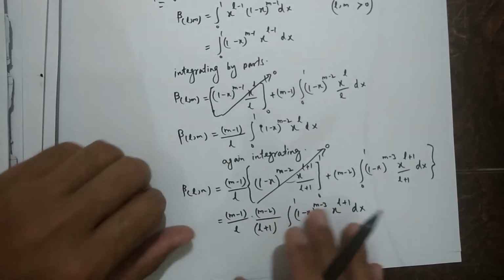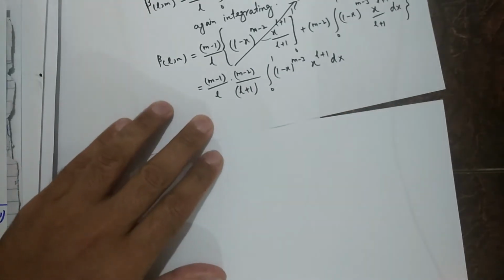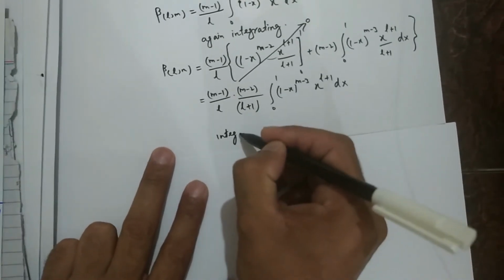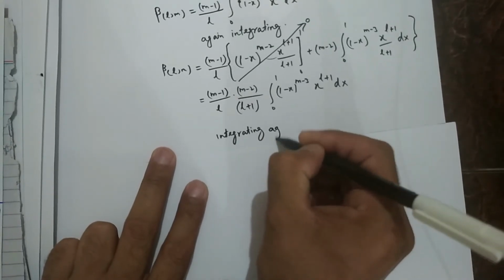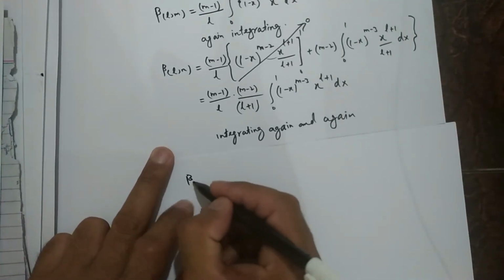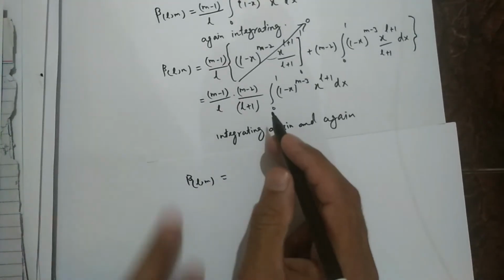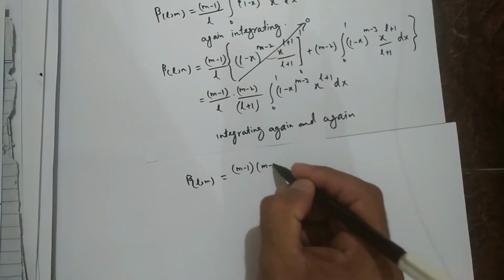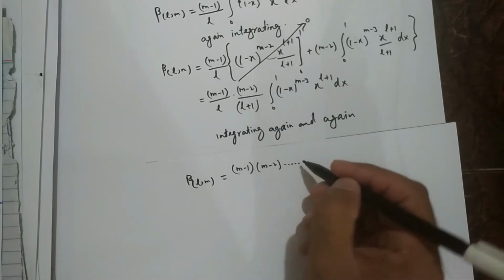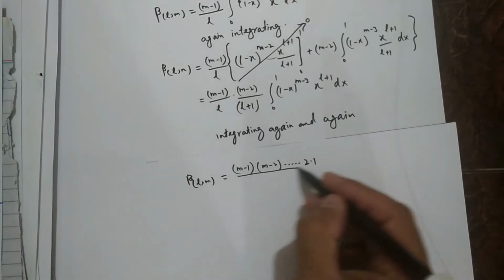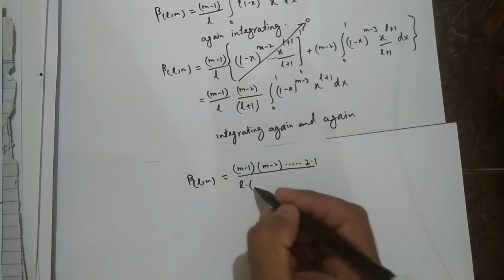So after so many integrations, integrating again and again, we will have an equation like m minus 1 times m minus 2 times, and at last, as m is decreasing, we will get to 1, and in the denominator L is increasing: L times L plus 1.